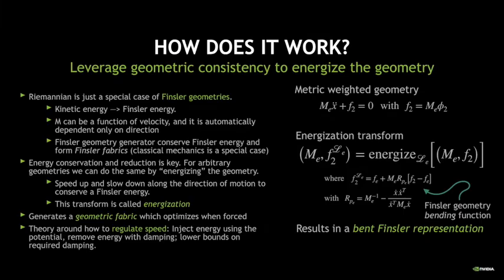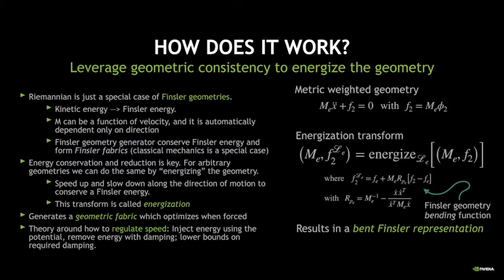Okay, so just briefly, I want to go into a little bit of how it works. I don't want to go into details of this because there's a lot to it, but I just want to give a flavor for it. To start off with, Riemannian geometry is just a special case of what we call Finsler geometry.